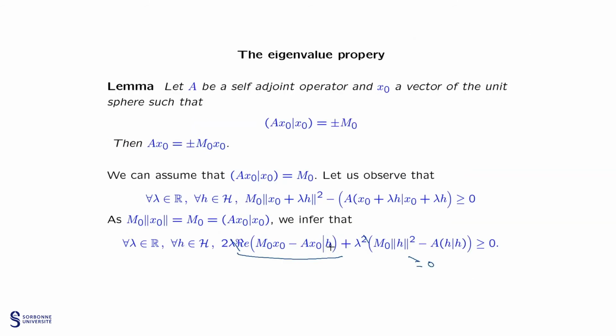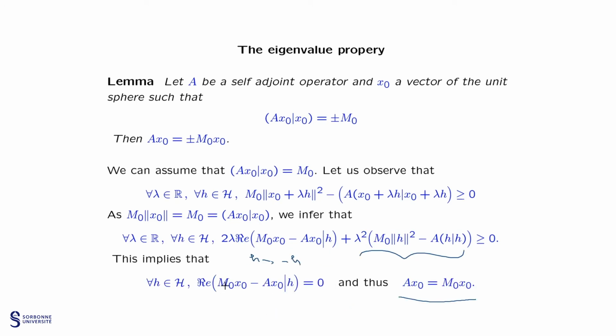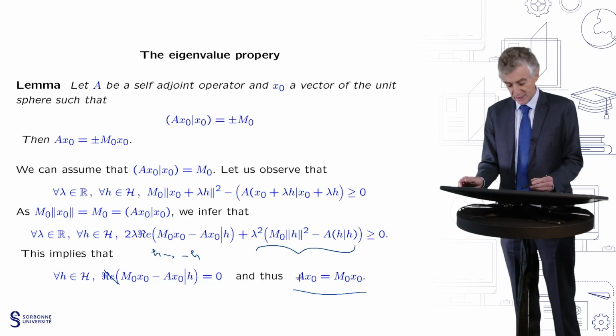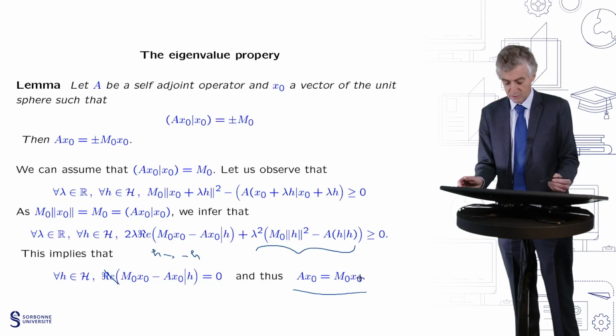But changing h into minus h implies that the real part of ⟨M0 x0 − Ax0, h⟩ is equal to 0. And then applying this with ih, we have this not only for the real part, but for all of it. This means exactly that Ax0 equals M0 x0.